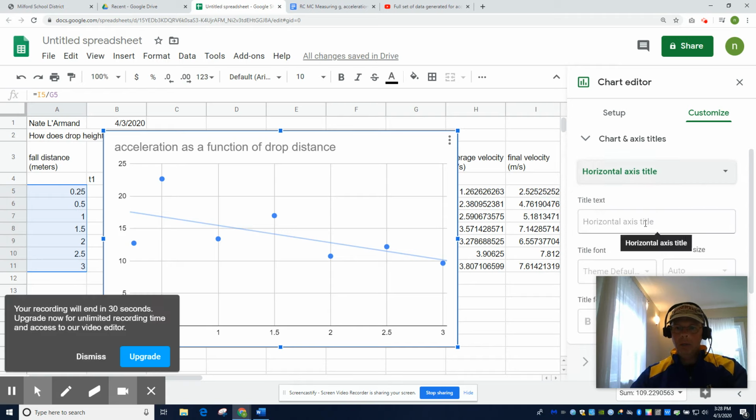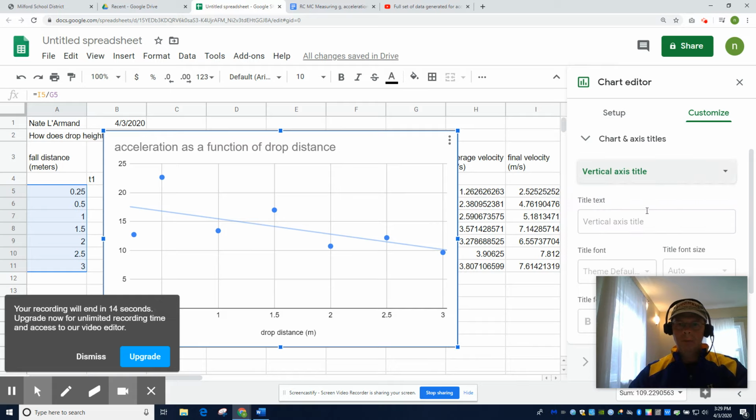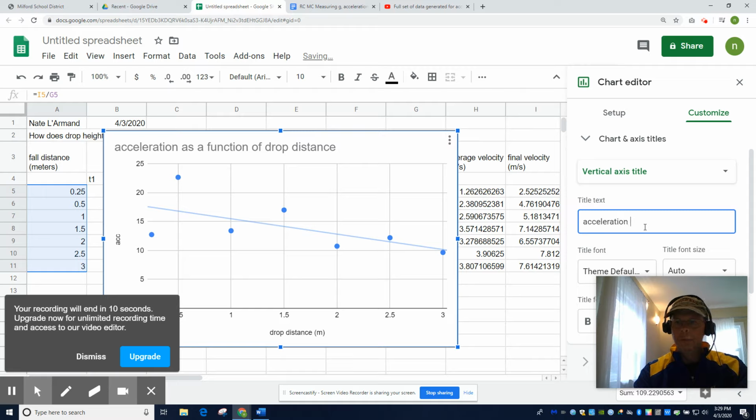And the horizontal axis is drop distance in meters. And the vertical axis is acceleration in meters per second. Well, what can I say? You win some, you lose some. Like I said, it's supposed to be a horizontal line at 10.